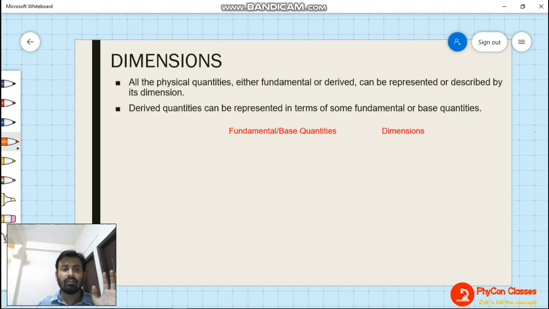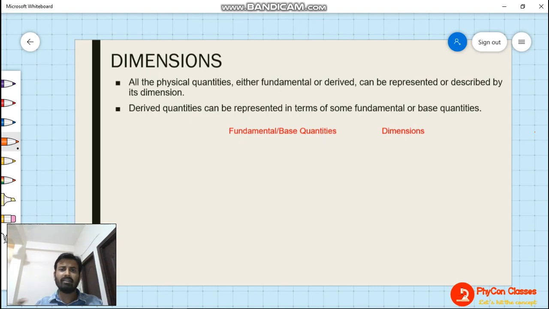Now the second line, I'll just read it. Derived quantities can be represented in terms of some fundamental or base quantities. Right? Because we are going to give dimensions only to the fundamental quantities. That means all other quantities are just combinations of fundamental quantities. Right?